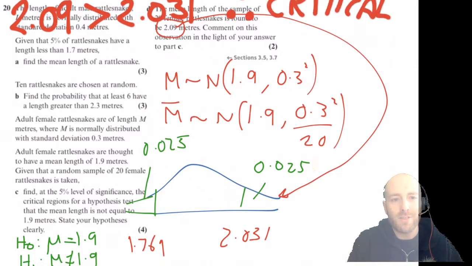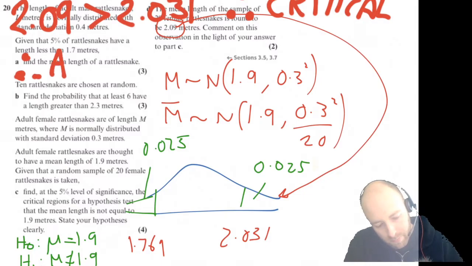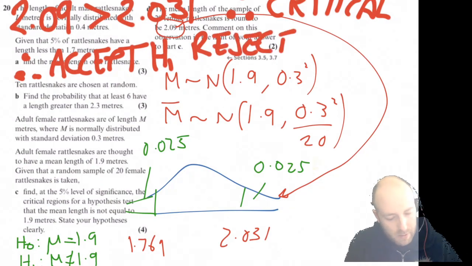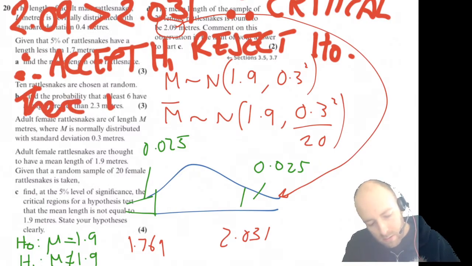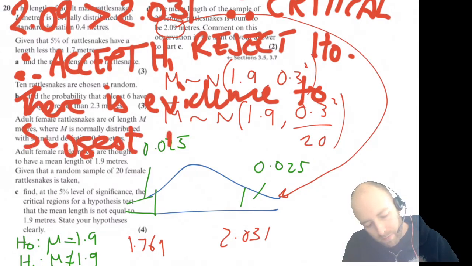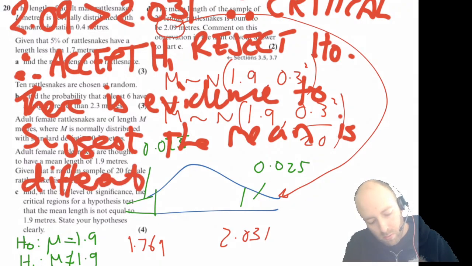Therefore, accept H1, reject H0, and we can say there is evidence to suggest the mean is different to 1.9.